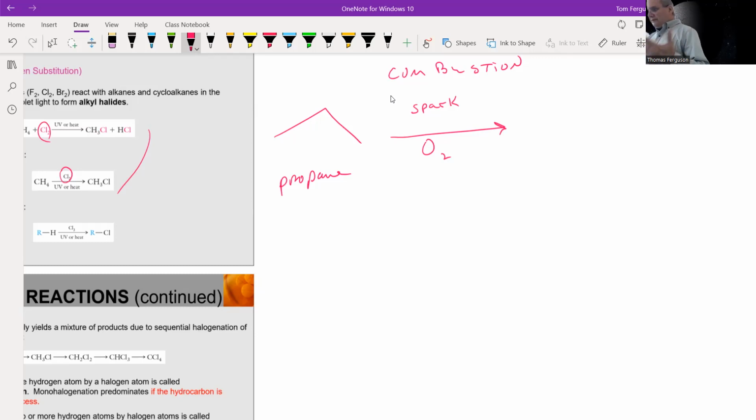And you always get carbon dioxide and water. And this is almost all hydrocarbons. Let me back up. Most organic molecules burn or undergo combustion.